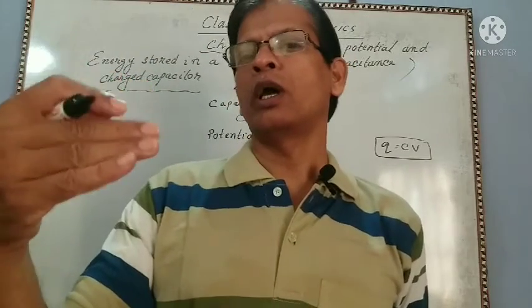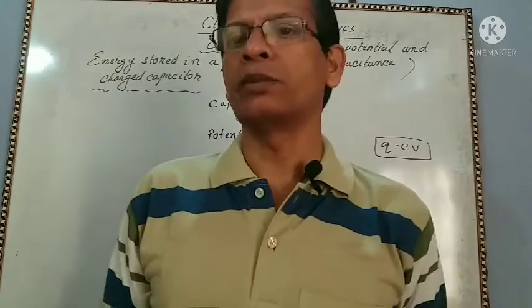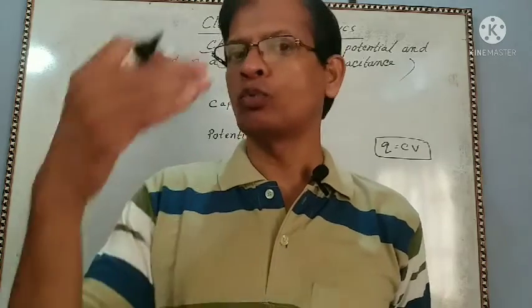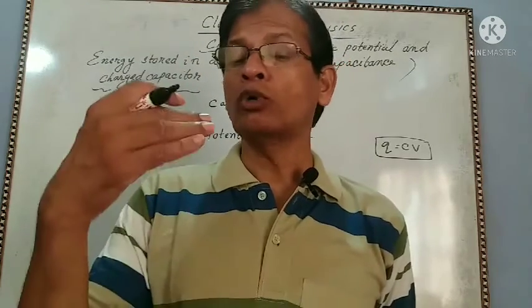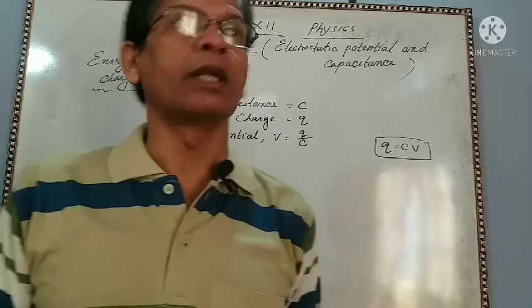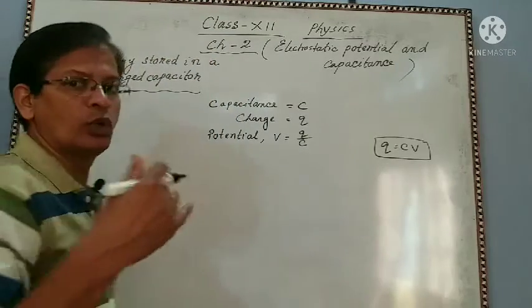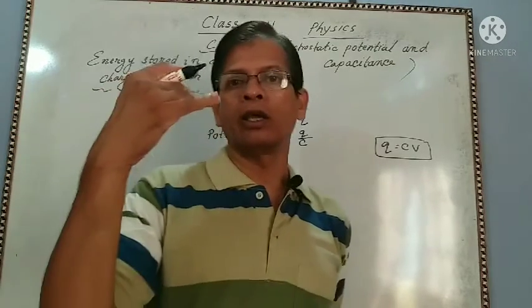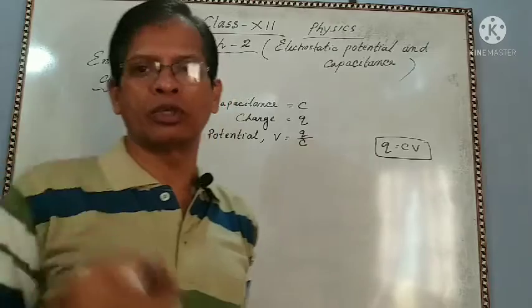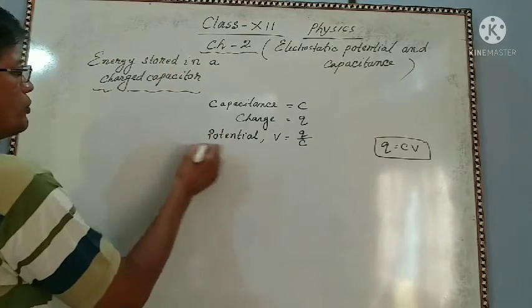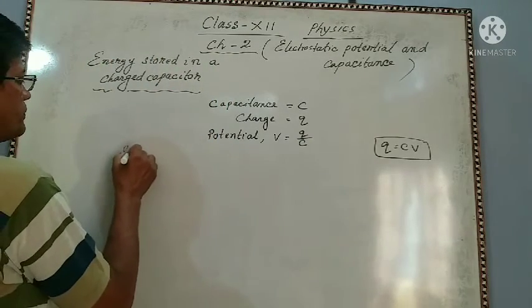So if a further small amount of charge is given, we have to do a small amount of work. What will be the small amount of work done to charge it by a small amount dq?